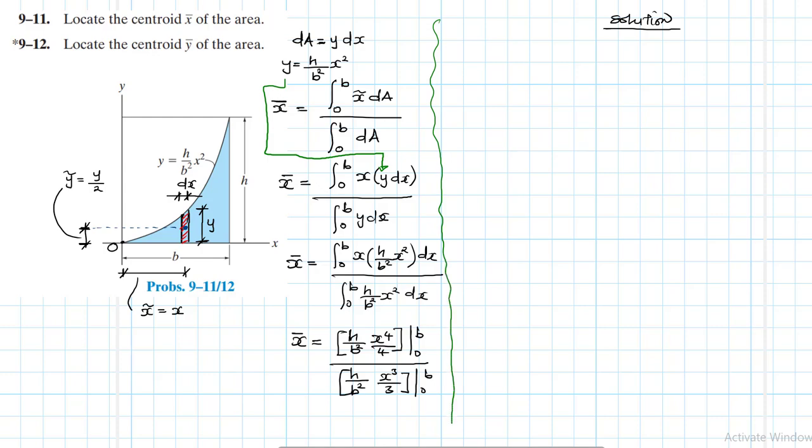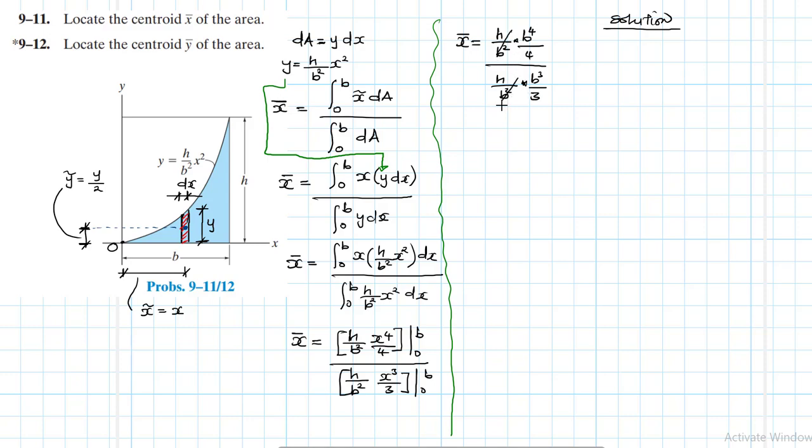and then finally we have x bar is equal to h divided by b squared, then this just becomes b to the power 4 divided by 4, and then h divided by b squared, then this becomes also b times b cubed divided by 3.